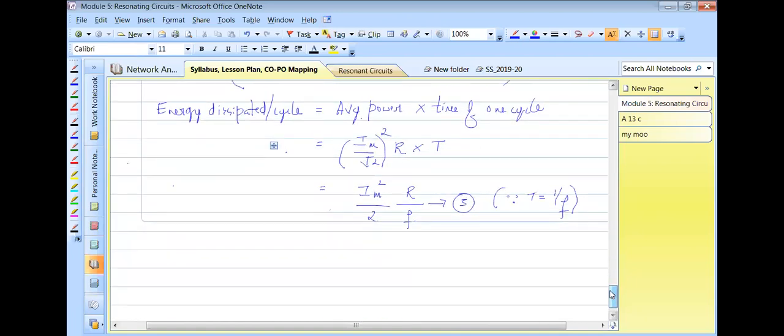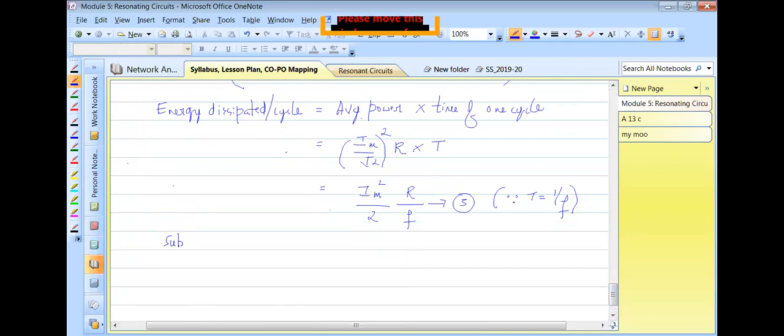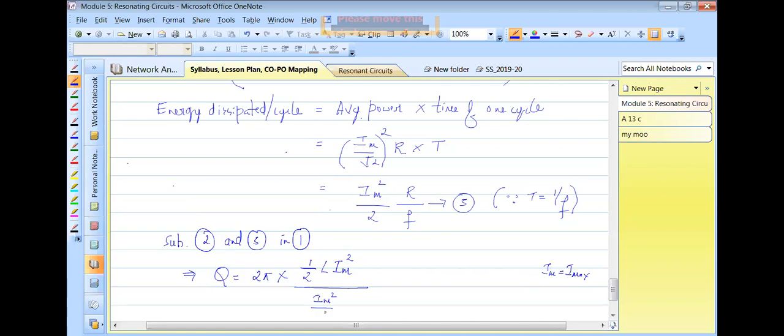Substituting equation 2 and 3 in 1, the quality factor is given by 2 pi into maximum energy stored in L, that is half L Im squared, where Im is I max, divided by energy dissipated per cycle, that is Im squared by 2 into R into F.